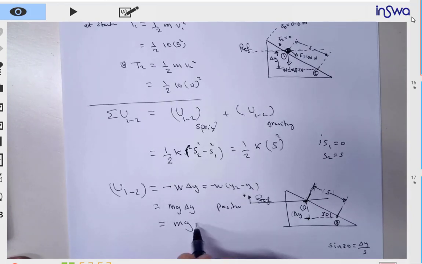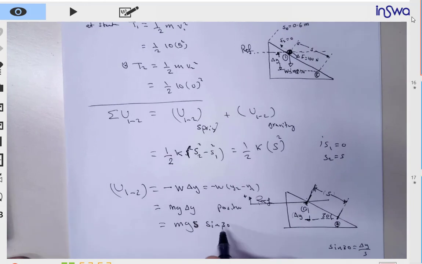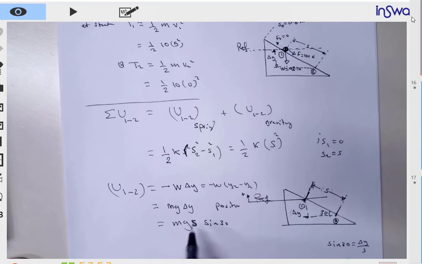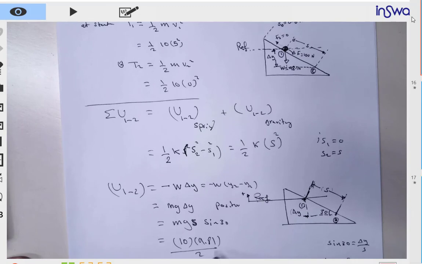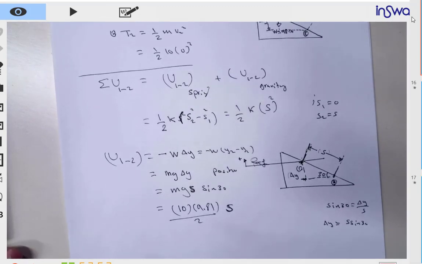So I'm going to put s multiplied by sine 30. Sine 30 is a half, and mg is whatever value it is, so I'm going to put values here. So this is 10 times 9.81 over 2 multiplied by s. Okay, great. So this is the only thing.